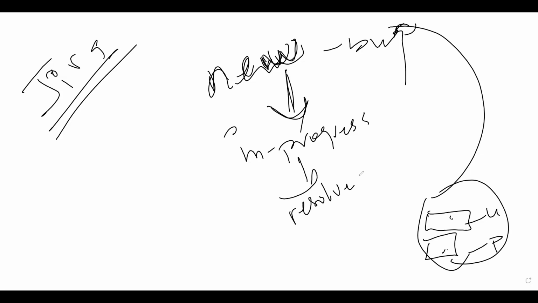When they resolve this bug, resolve can be anything. They can either defer it, keeping it for some time because they are doing something else, something serious. It depends how serious the bug is.